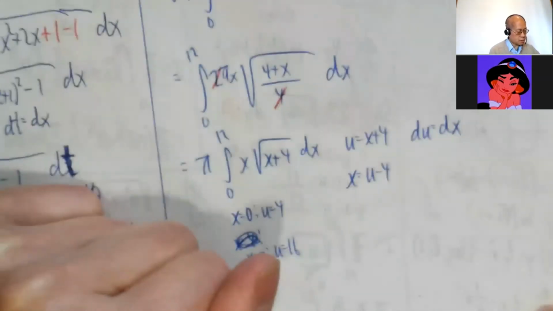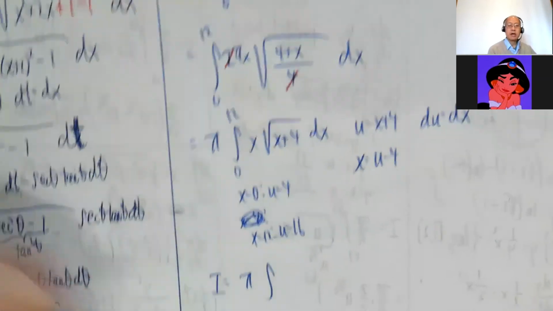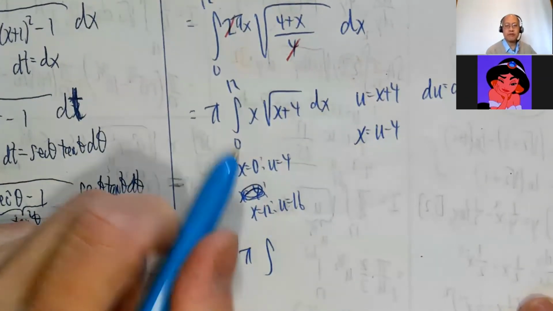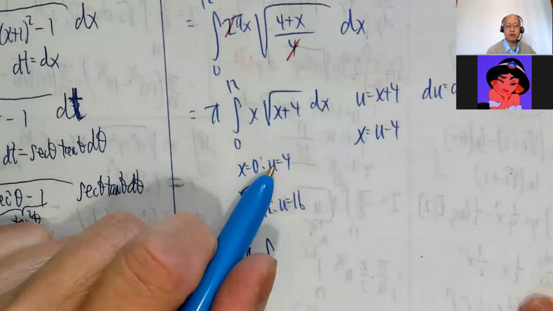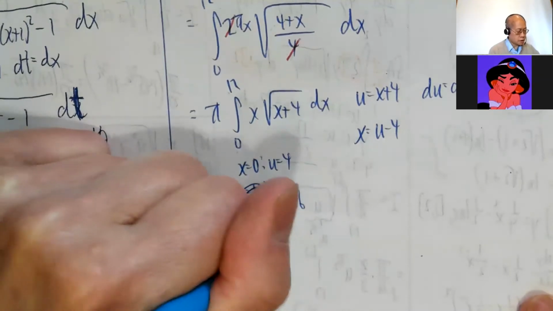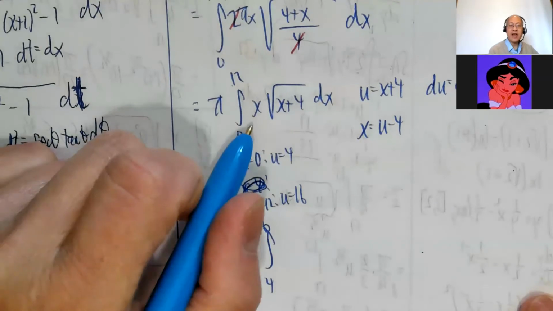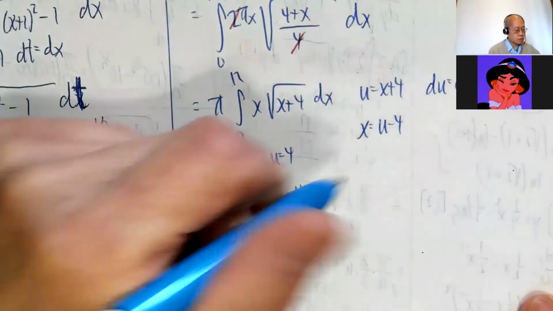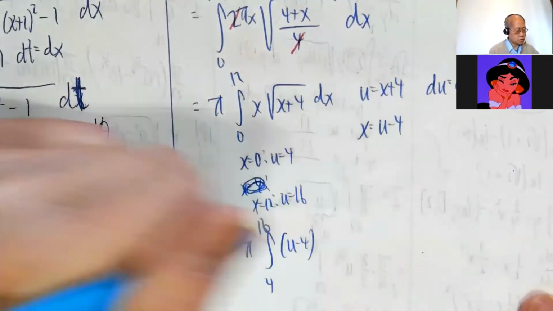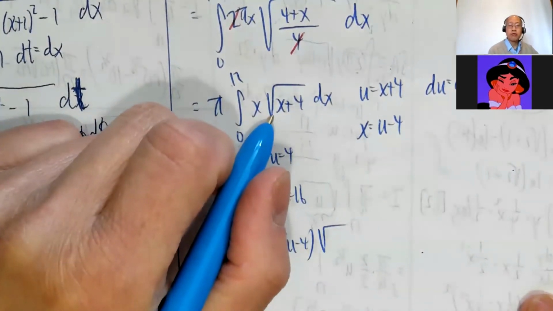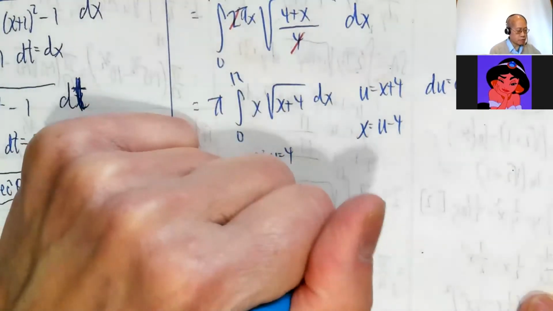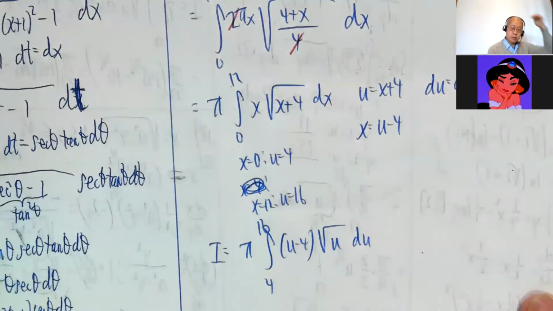So the new integral is pi. I'm no longer going from 0 to 12. Now u goes from 4 to 16 of x, which is u minus 4, times radical x plus 4, which is now radical u, du.